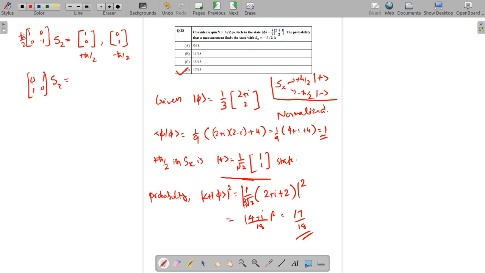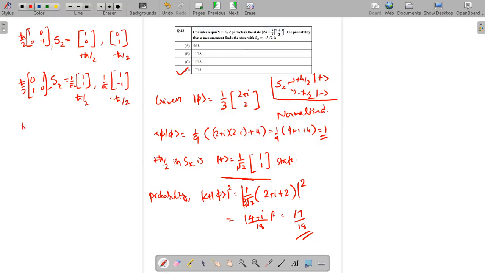This is the Pauli matrix for the spin operator, and it has the eigenvectors 1/√2 (1, 1) and 1/√2 (1, -1). So this is the plus ħ/2 state and this is the minus ħ/2 state.